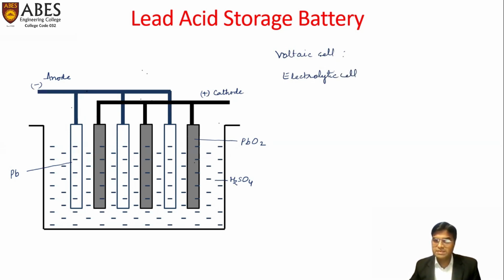When it is working as a voltaic cell, it converts chemical energy into electrical energy. And conversion of chemical energy to electrical energy is called discharging.